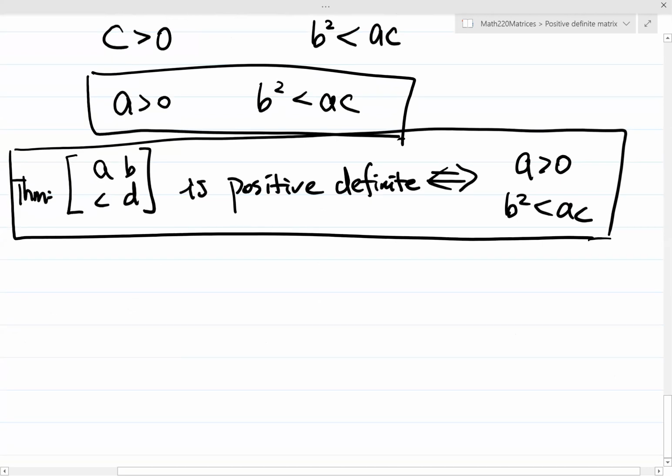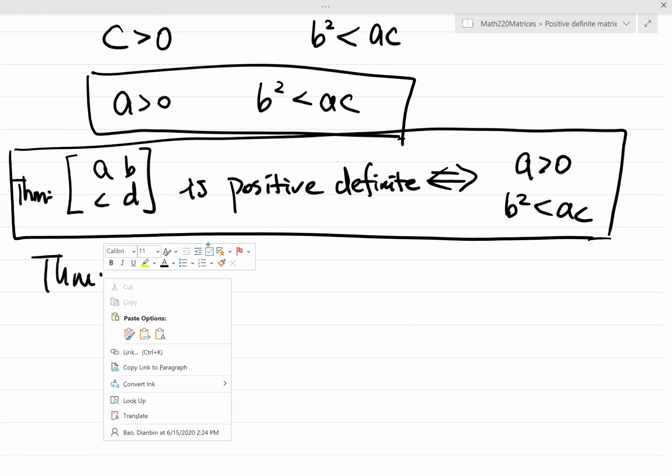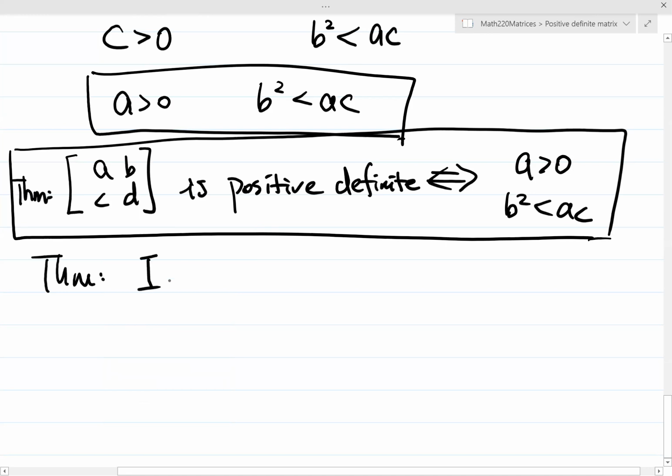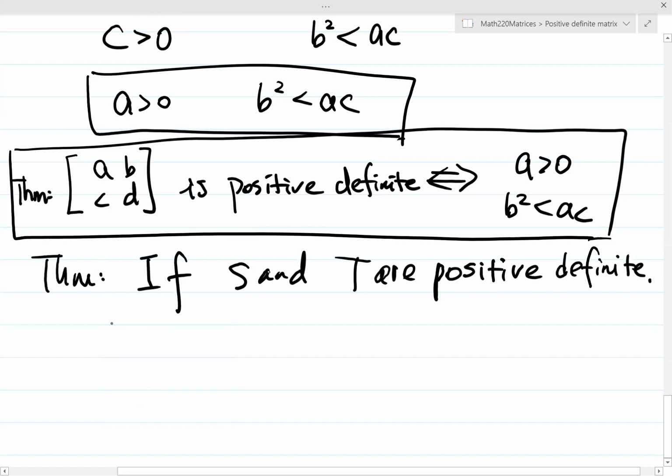So this is actually an easier theorem. If S and T are both positive definite, and of course we assume S and T are the same dimension, otherwise it doesn't make sense.